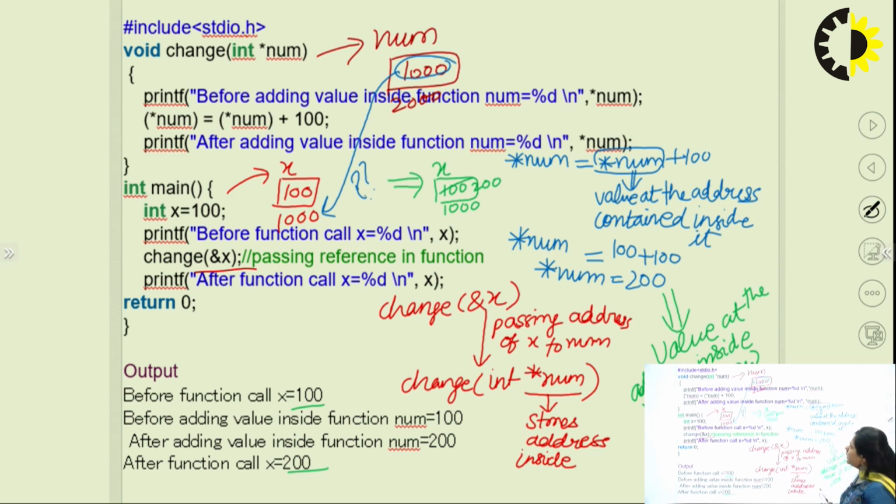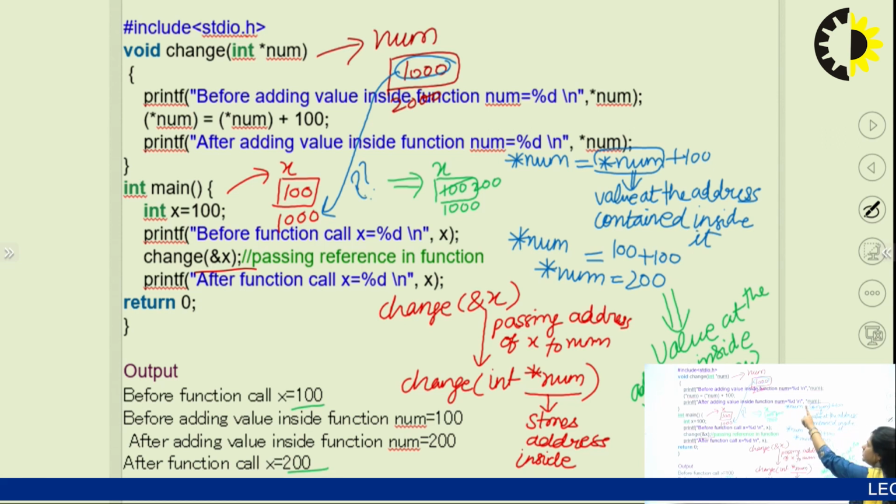Because of this star num, it will be read as the value at the address inside it. So the value at the address inside num is 100. With this statement we reached location 1000, where the value is 100. So 100 plus 100 is 200, and that is assigned to star num.